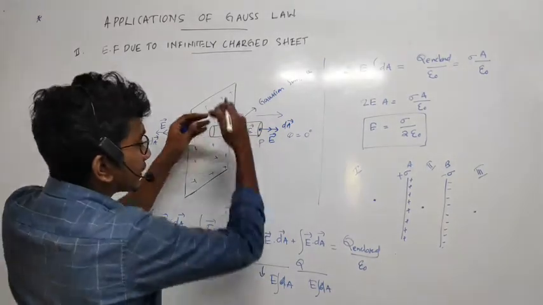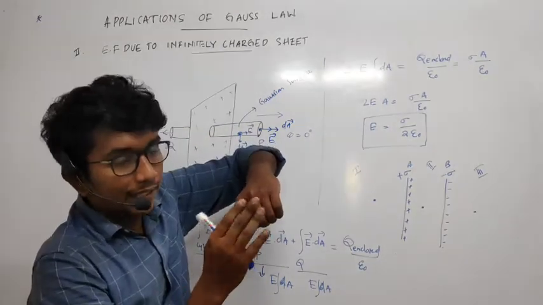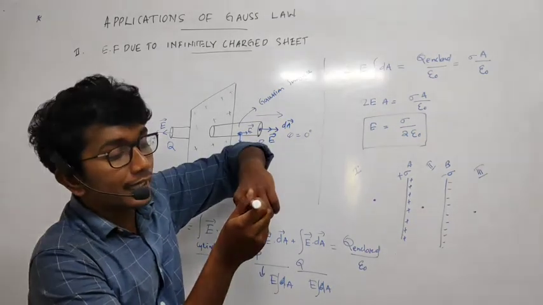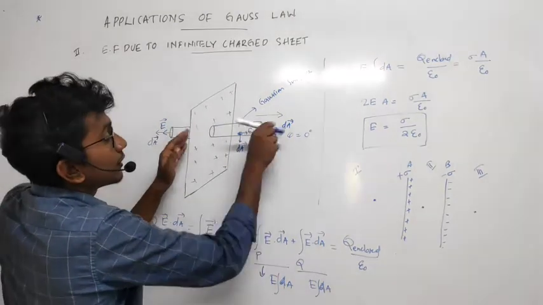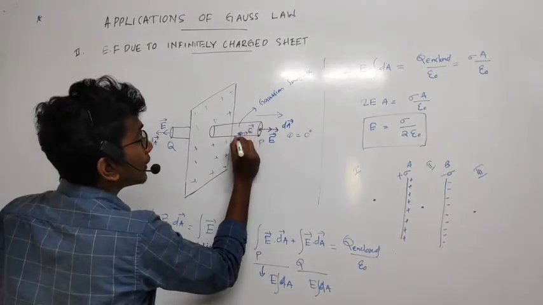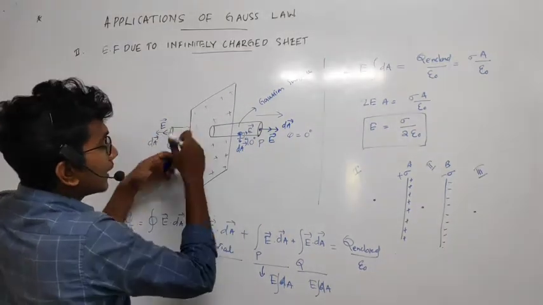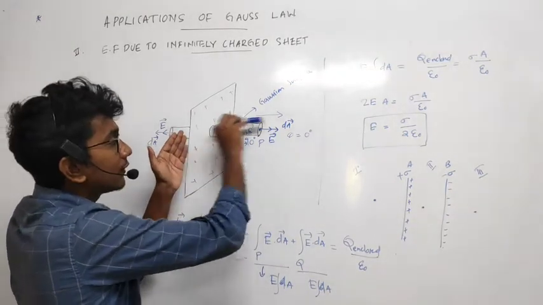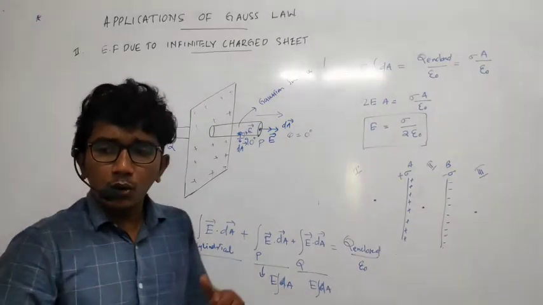What about the curved surface? At this area, the normal vector to the area will be in this direction, and the field will be in this direction, so they are at an angle of 90 degrees.